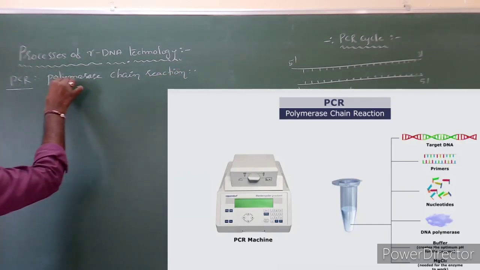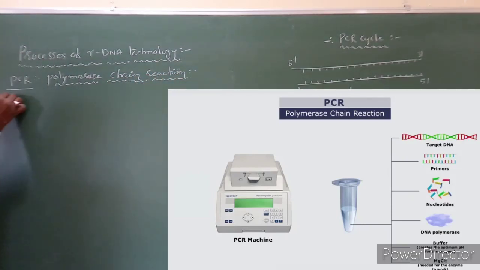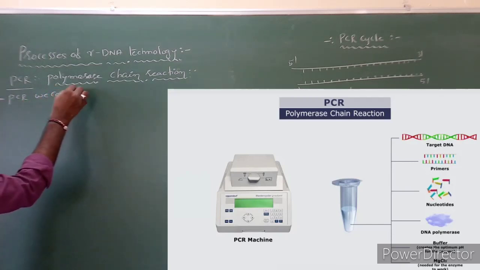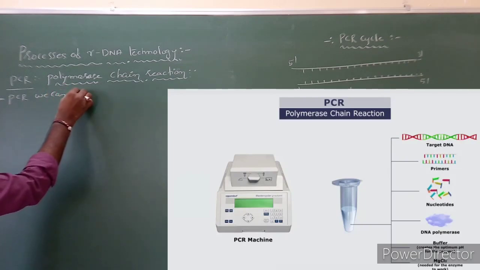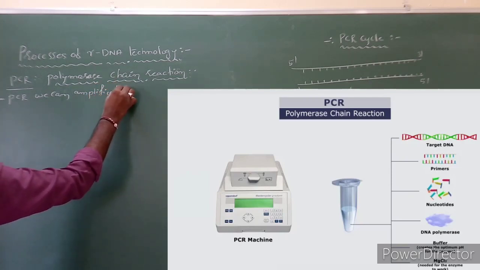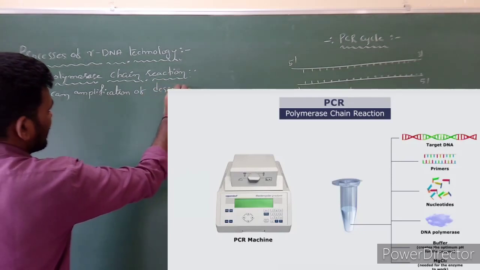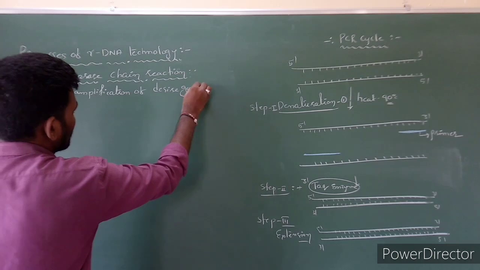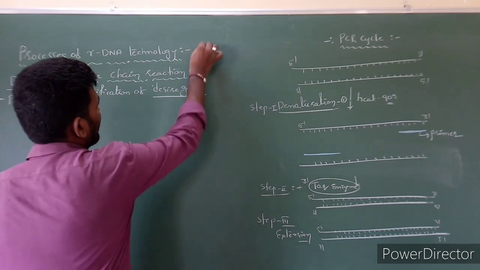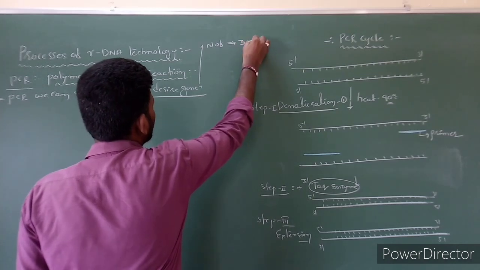First point, by using the PCR cycle, we can amplify the desired gene, and we can make a number of copies, like billions of copies, in less than 30 minutes.